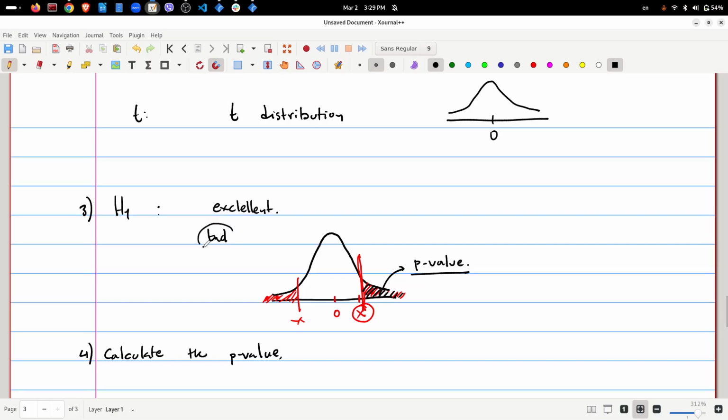If the student would claim that he's bad, then more extreme would mean this value or even lower, which is all this area here. If someone would claim that the student is different, then this would mean that it can be either good or bad, so I would go to this area and then to the negative value here and this area also.